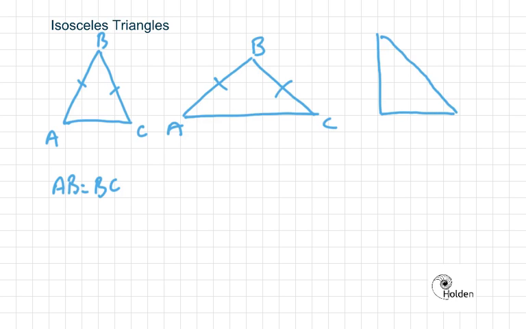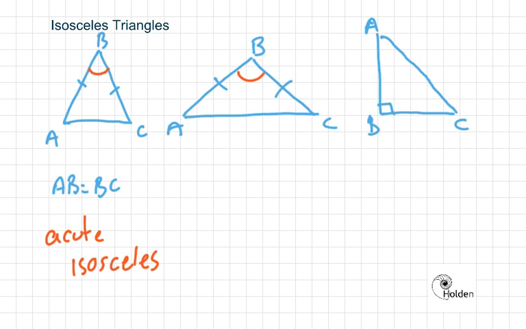Okay, so there's a naming convention for these. And we really should talk about the largest angle when we're dealing with an isosceles triangle. So in this first example, the first triangle is an acute isosceles triangle.